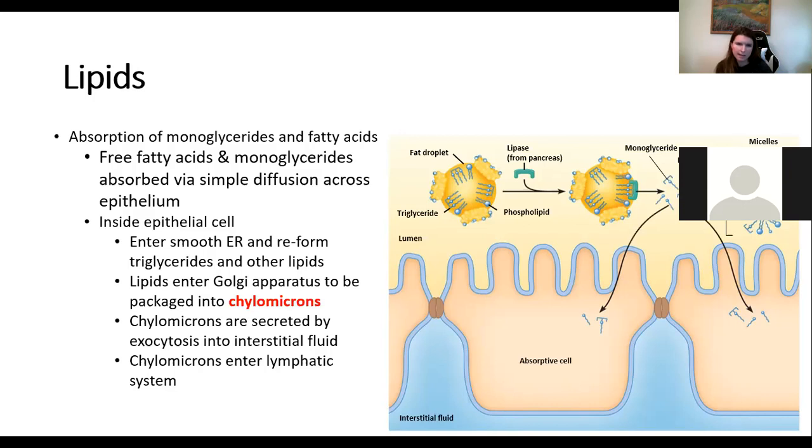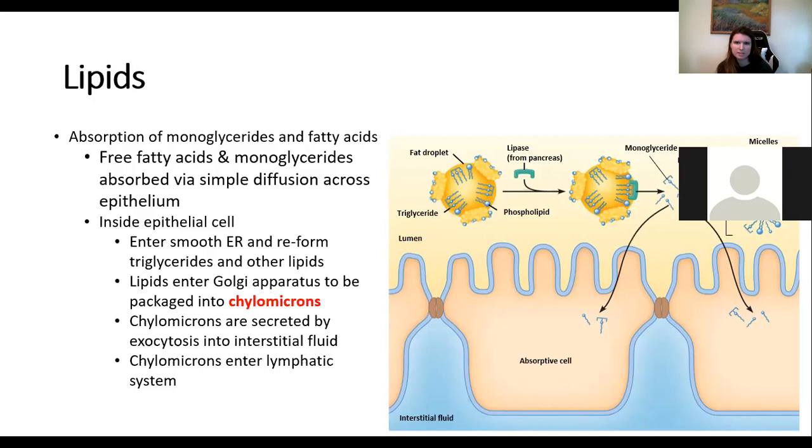And unlike our carbohydrates and proteins that we've digested and absorbed previously, the chylomicrons don't go into the plasma. Our carbohydrates and the amino acids we're absorbing are small enough that they can get across the capillary walls.